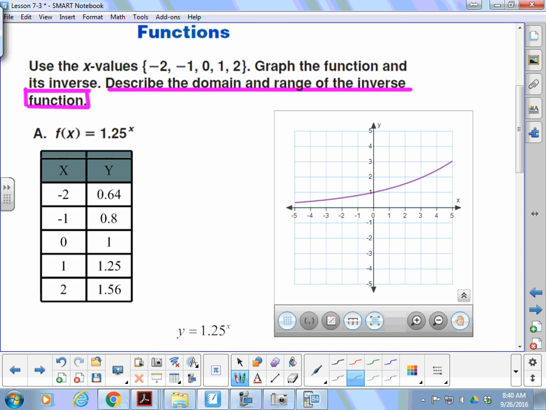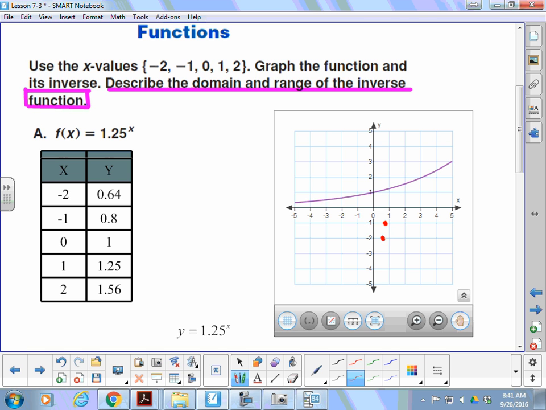We've got 0.64, negative 2. So my x value is 0.64, my y value is negative 2. So that's going to be about here. 0.8, negative 1, about there.